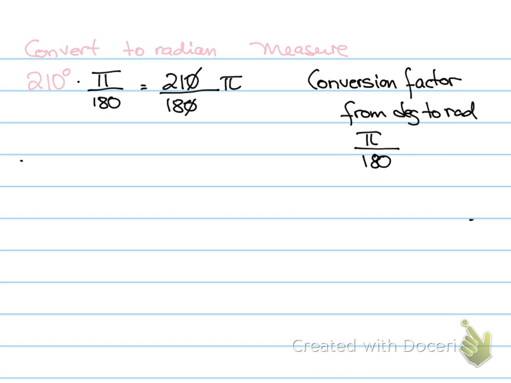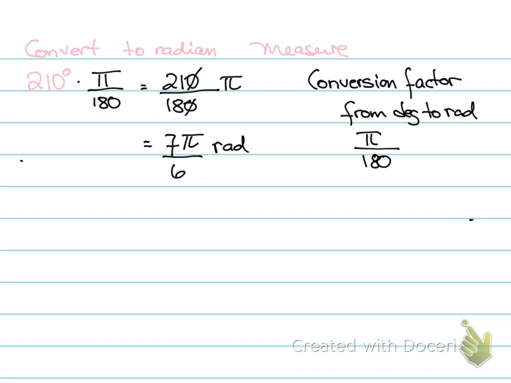Then we have 21 over 18, and in this case 3 is a factor for both of them. 3 goes into 21 7 times, so we're reducing by 3, 7 pi, and 3 goes into 18 6 times. So here the answer in radians would be 7 pi over 6.